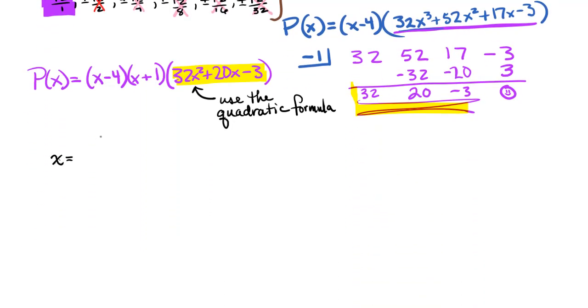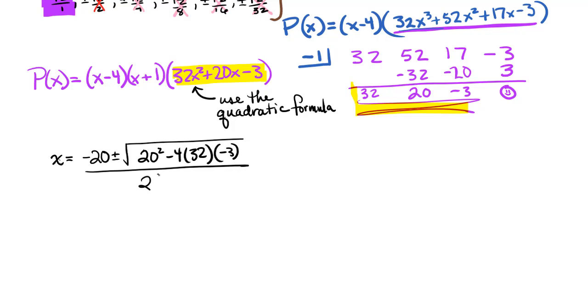x is equal to negative b plus or minus the square root of b squared minus 4 times 32 times -3, all over 2 times 32.